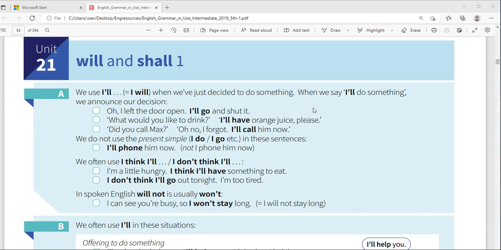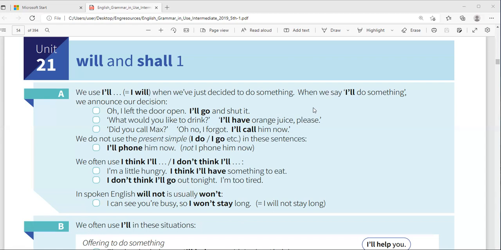But will is not used for things that are arranged. If, as I'm talking now, I've even arranged, a decision has been made for me to go to China next week on Monday, I'll say, I'm going to China next week on Monday. I'm going to go to China next week on Monday. You see, because it is already decided. It's planned, in fact, arranged, complete.